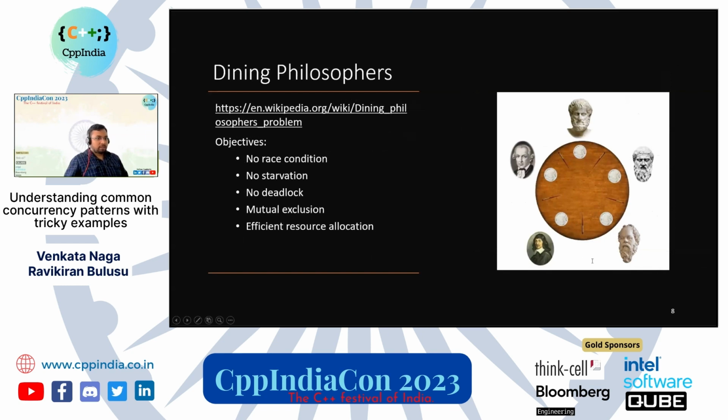The condition is that when a philosopher wants to eat, he has to see that both his left side and right side partners are not eating, so that he can grab the chopsticks and eat. The main concern is you will have starvation, you don't have fairness, and you'll also have problems in how you occupy these philosophers in a given time range. That is the main problem here.